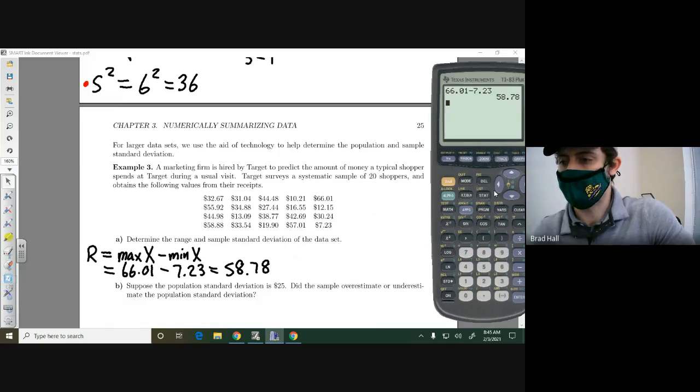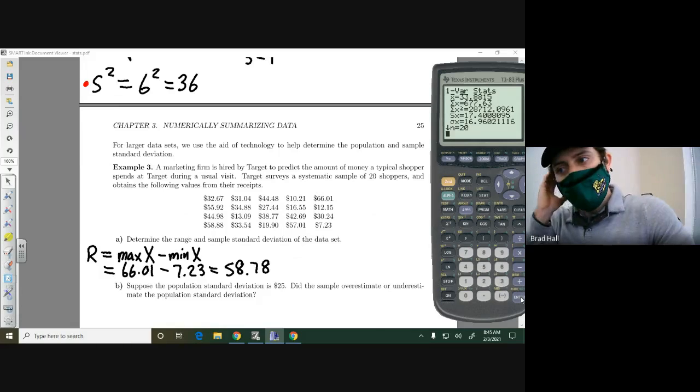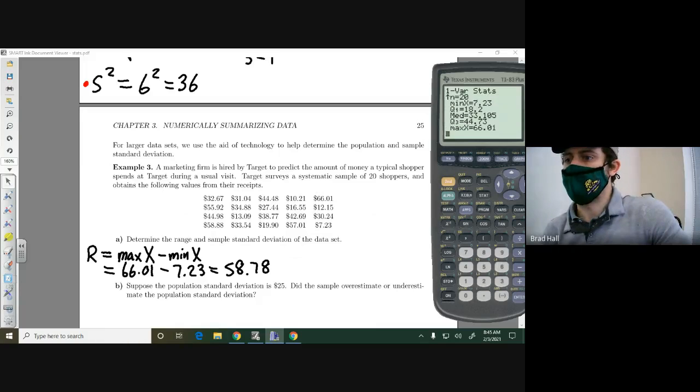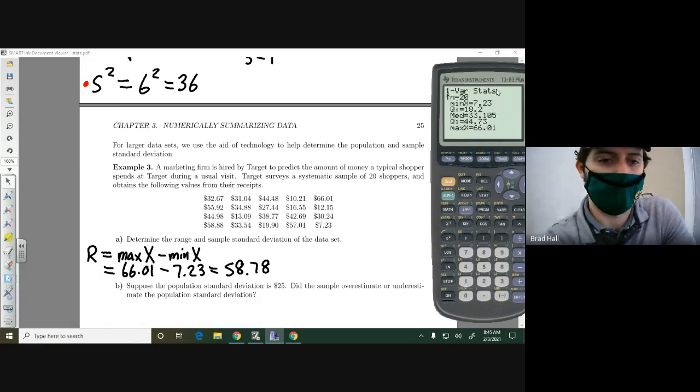That's the range. Let's go ahead and pull up the one variable stats again. So remember, we got that from the maximum and the minimum. They don't give us the range as a straightforward value. They give us the max and the min, though, and we can figure it out just going one step further.